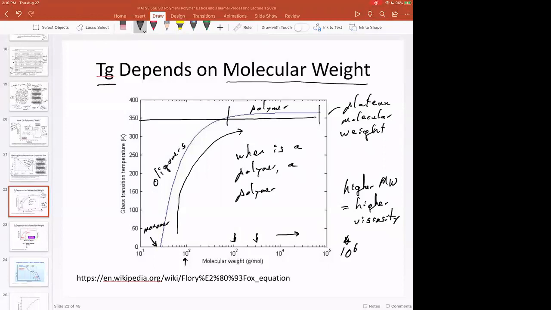Hey, Mike, I got a question. Yep. Can you use DSC to find out the molecular weight based on the TG? No, because for most polymers, you're going to be at the plateau molecular weight. And so the DSC will give you an idea of the molecular weight, just so you're above the plateau. I guess if you're in here, maybe, but DSC is not a very direct measurement of molecular weight, because you usually don't have a calibration curve like this.